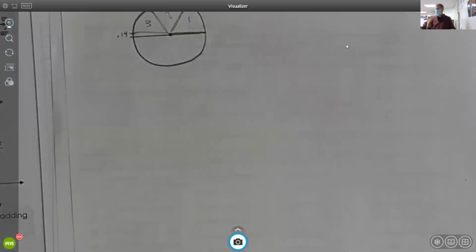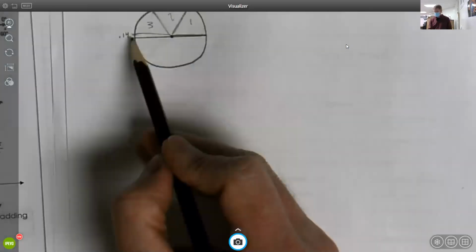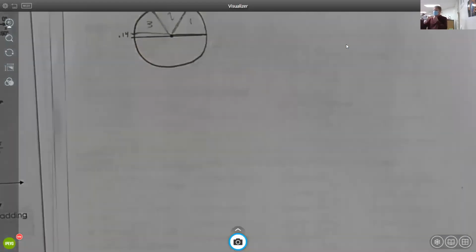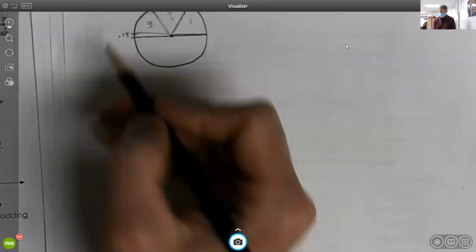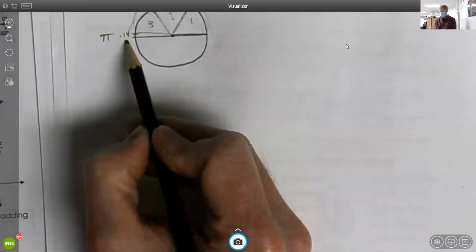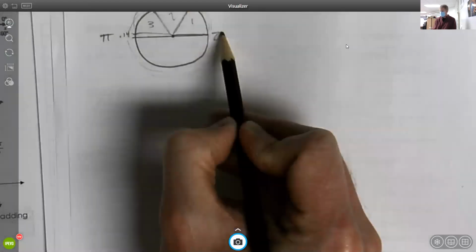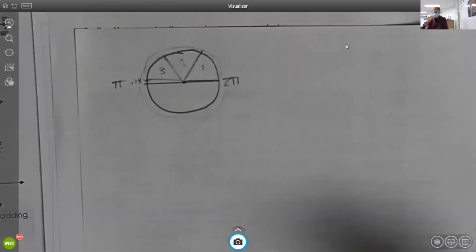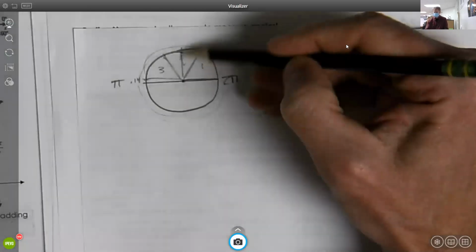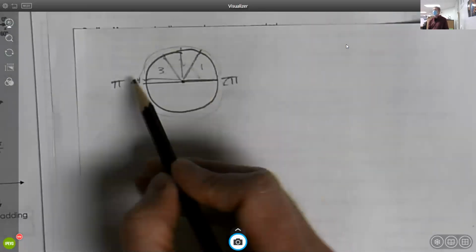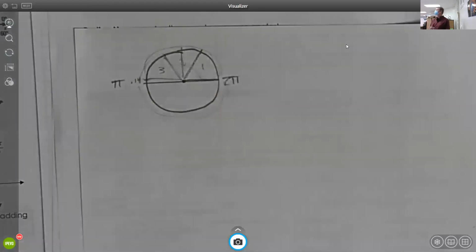Other people might call it, well, if this was 3.14, then this is going to be 6.28, right? That's how many radians. But you're more exact as saying 2 pi. It's 1 pi to be half the circle. It's going to be 2 pi to be full around the circle. So what do you think if we only went that far? How far, what amount of pi would be facing straight up?